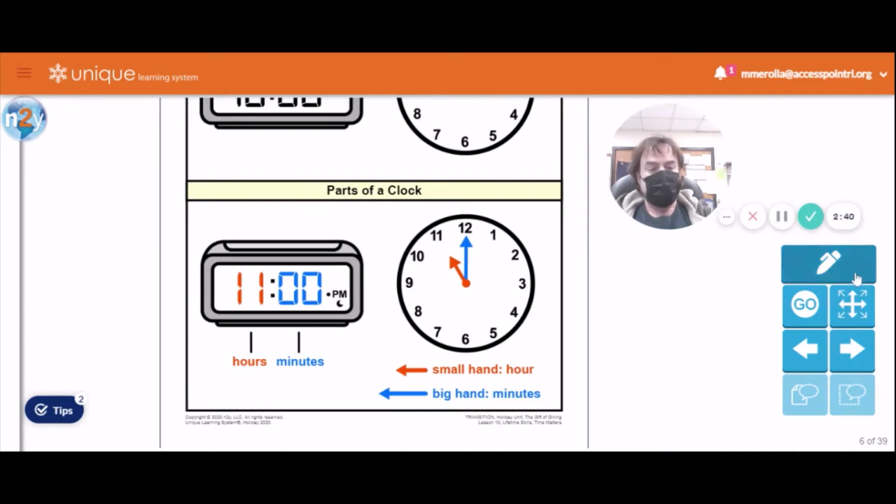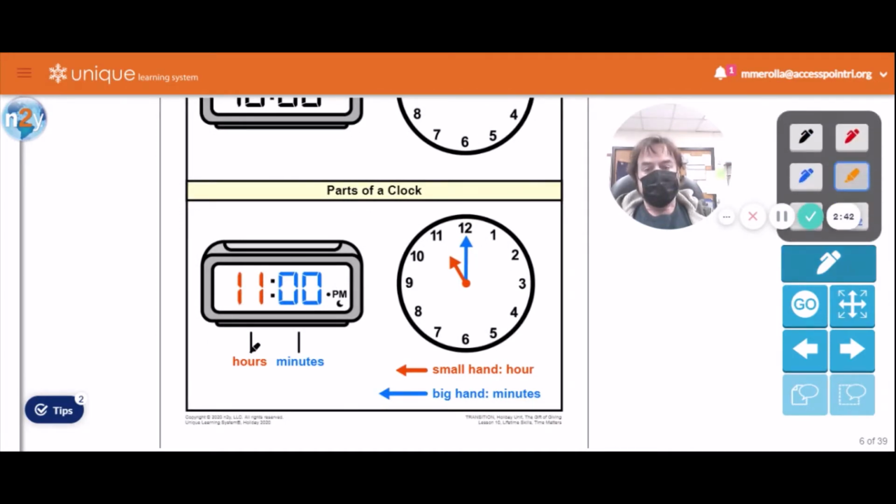You have the hours right here, represented in orange. So this is 11, the hour. Then you have minutes represented by blue, and these are the minutes. So this would be 11 o'clock.